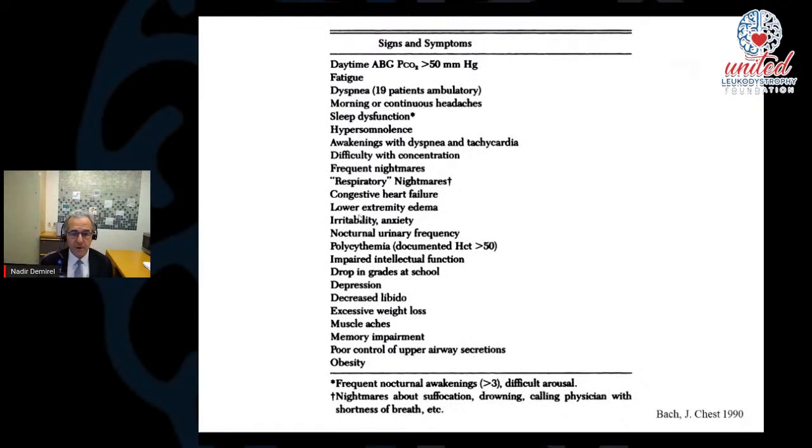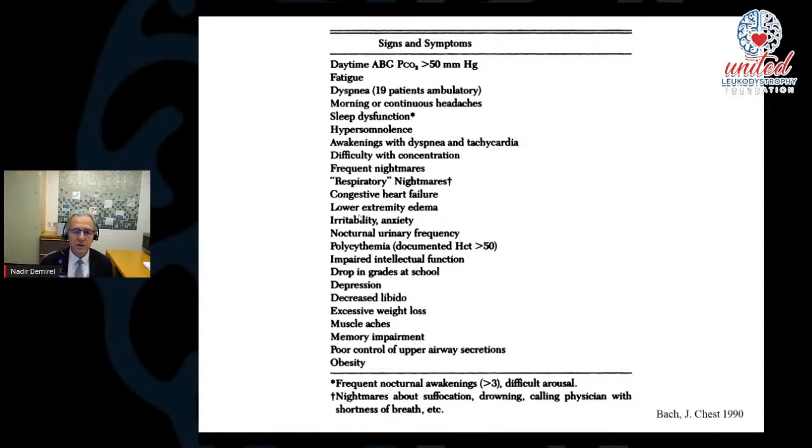So having hypercarbia and hypoxemia has clinical implications. This table is a little bit long. I'm not going to tackle every one of them, but I think it's important to understand when someone starts to develop hypoventilation, which goes very slowly. It's not an acute problem. Most of the time, it's a very slowly progressing problem.